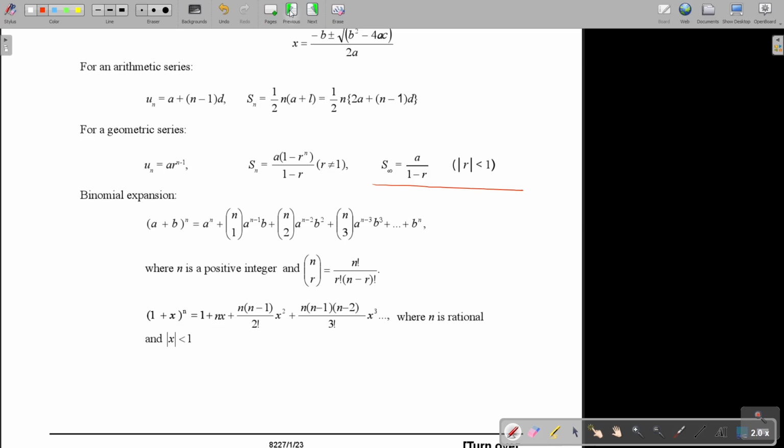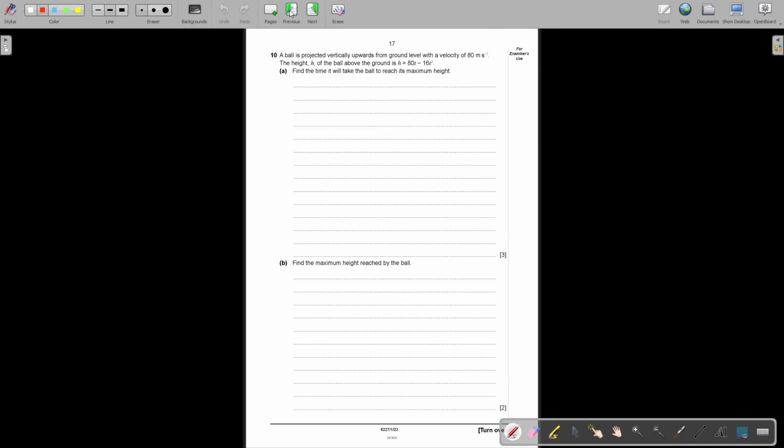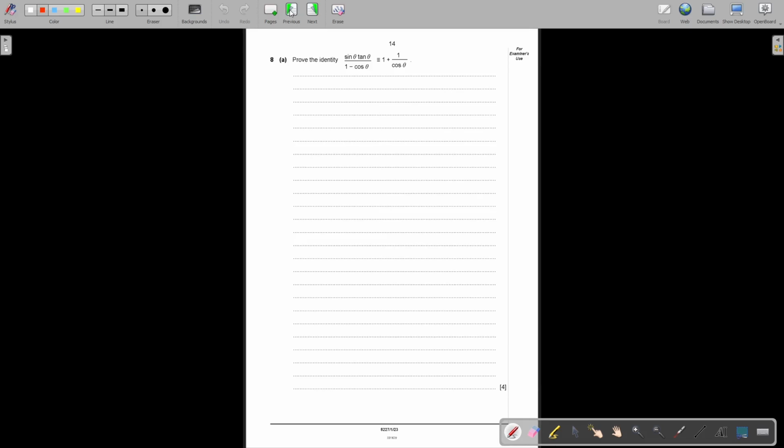Now I just have to go back to all the pages. Okay, let's see where it is. There it is. Okay, and if you wanted to go to the textbook, you could also find the sum to infinity. I'm looking at page 66.